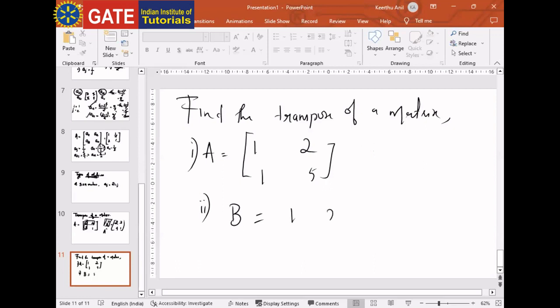B equals 1, 2, 3. You can find the transpose easily, no? Just go for interchanging the rows and columns and you'll be getting the answer. Please find it and let me know once you get it. Okay, let's wait for the others also.